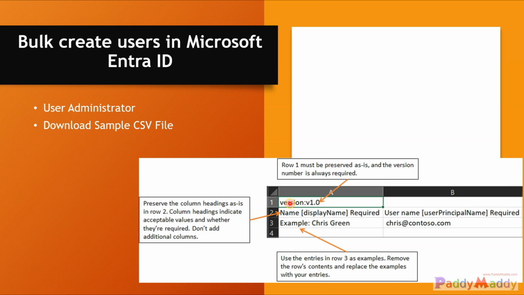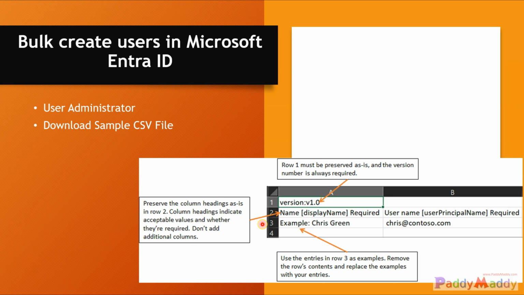That's why the first one is a version row, and the second one helps to better understand the columns, like display name, UPN, all of that information. And the third row is where you would start adding the user accounts. For example, in this case, Chris Green is the display name and the username, and all of that information will be added.